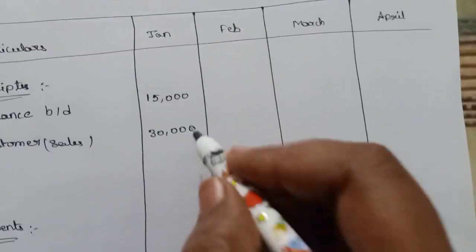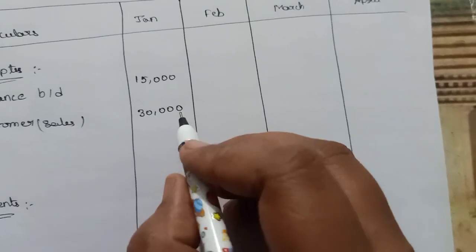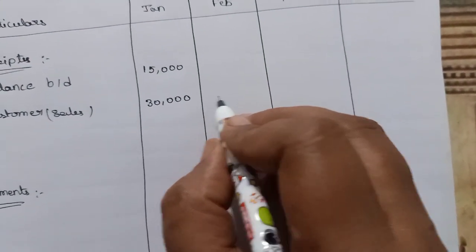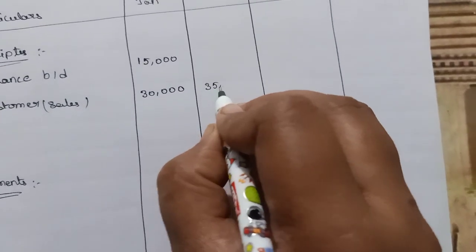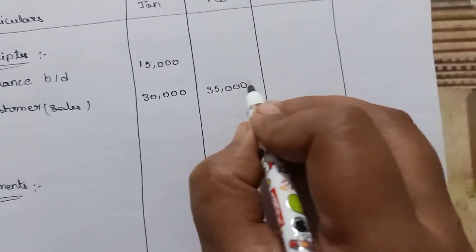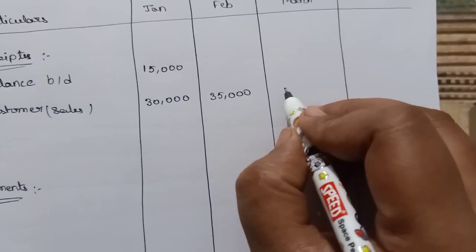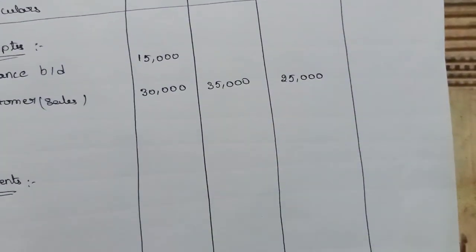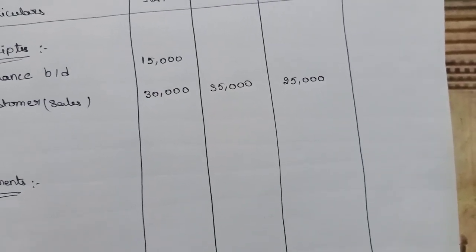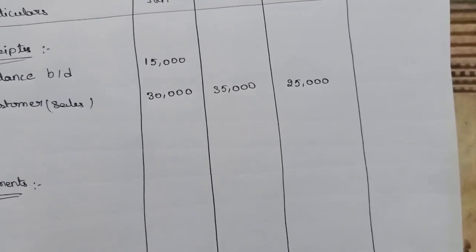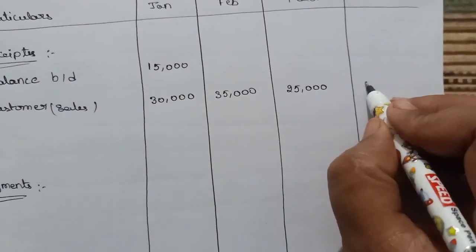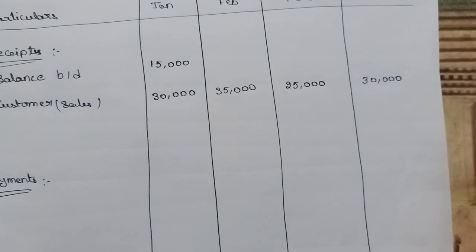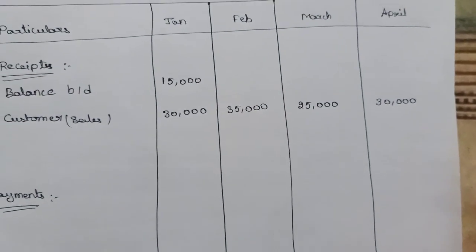January 30,000, and coming to February, it is 35,000, which is the amount of December, and coming to March we have to write 25,000, which is the amount of the sales in January, and coming to April we have to write the sales amount which is 30,000, which is February.